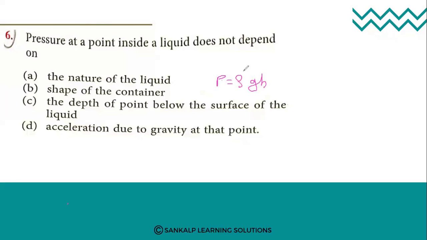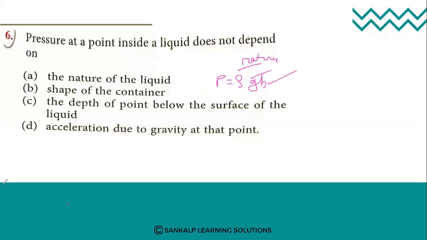So it does not depend on which of these: nature of the liquid, shape of the container, depth below the surface of the liquid, acceleration due to gravity. Acceleration due to gravity may matter, density may matter. Density is nothing but the nature of the liquid. The pressure also depends on the height. So which option will it be? Option B, that is the shape of the container.